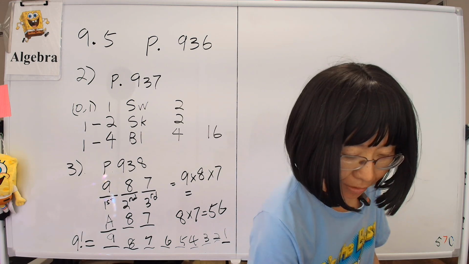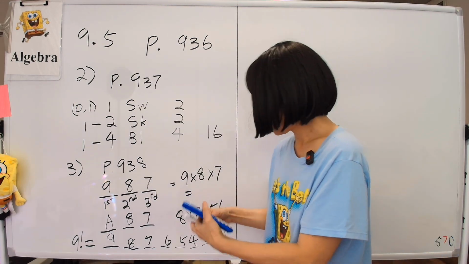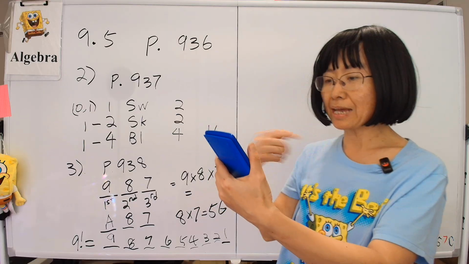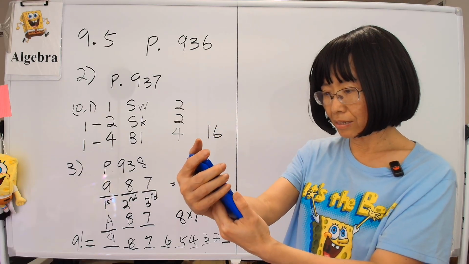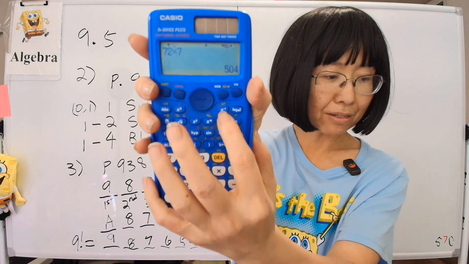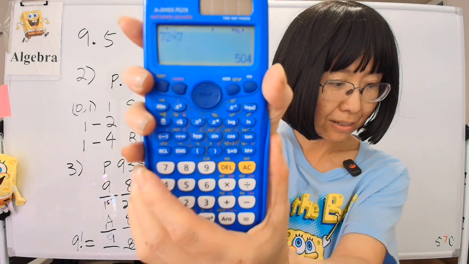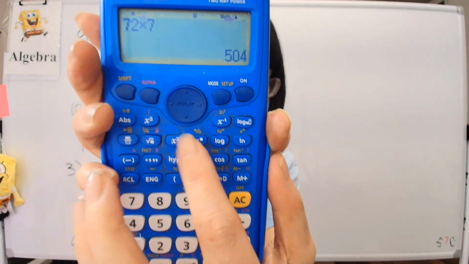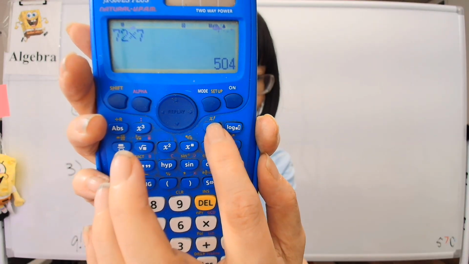Let me show you how to do that. I think we talked about factorial before, but I'm not sure if we actually did it on the calculator. Where is the factorial? Aha, see? In my calculator, see that thing here? Can you see it? Let's see if I can get it to zoom in. Right there, the exclamation mark.